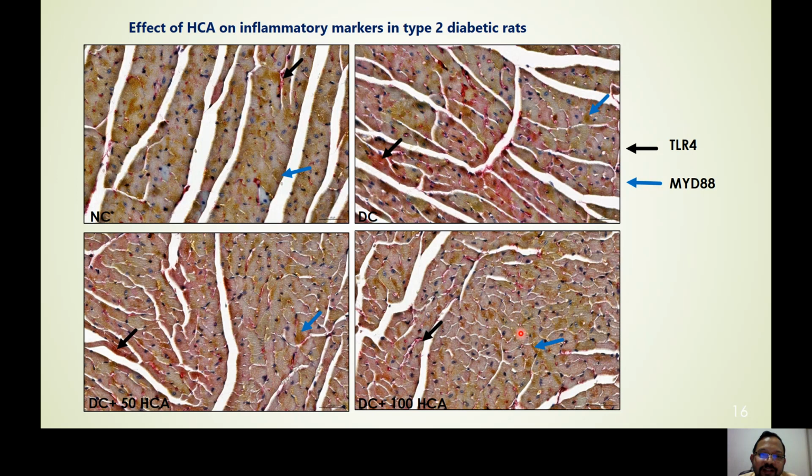In our study, double immunohistochemistry was performed, with TLR4 indicated by the red color and MYD88 indicated by the brown color. In diabetic rats, red color and brown color were significantly higher, indicating TLR4 and MYD88 markers were higher in diabetic rats, whereas in 50 and 100 mg per kg body weight HCA treated rats, these levels were decreased.